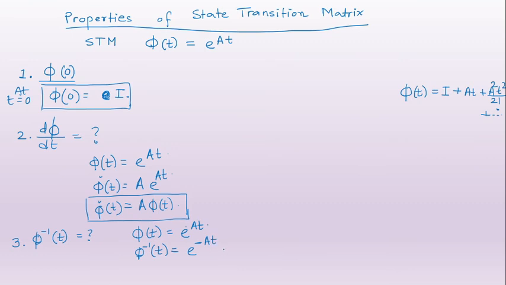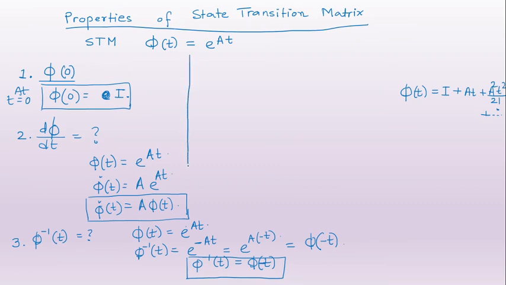So it can be written as e to the power A of minus t. So I can write it as phi of minus t. That means phi inverse t will be equal to phi of minus t. So this is the third property to remember.